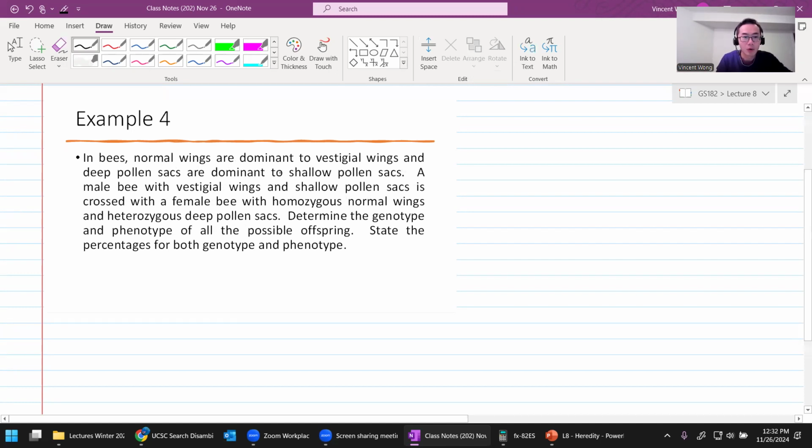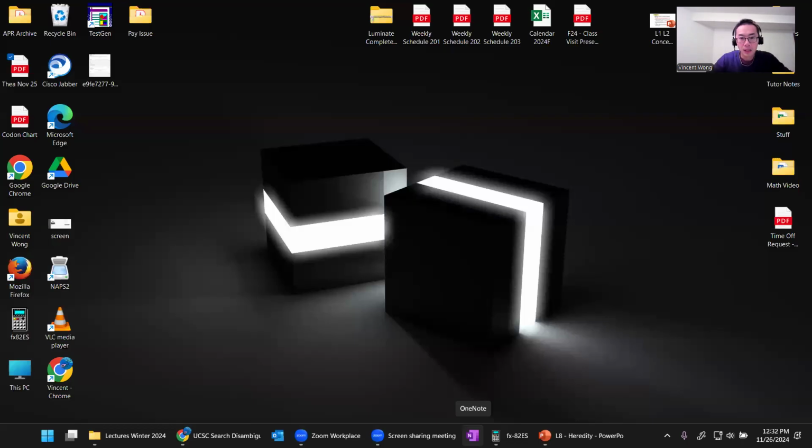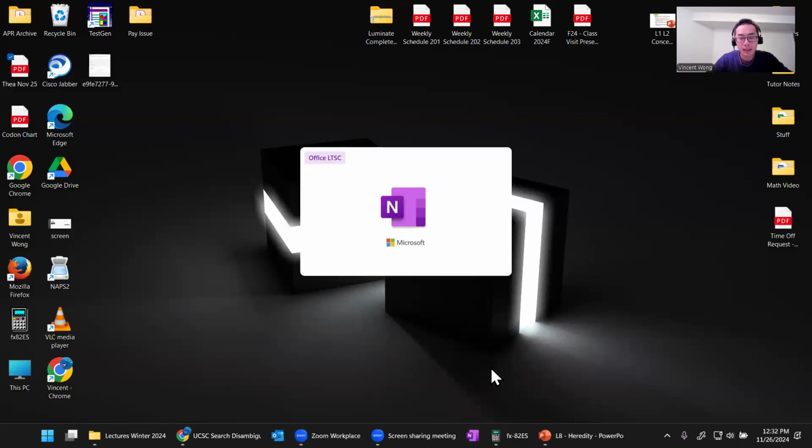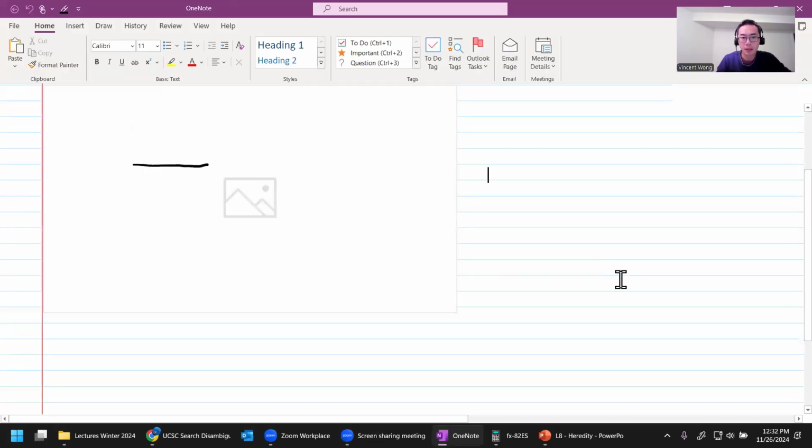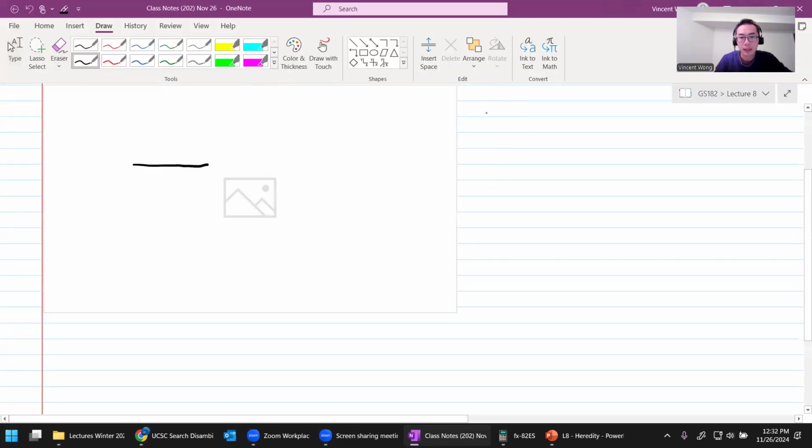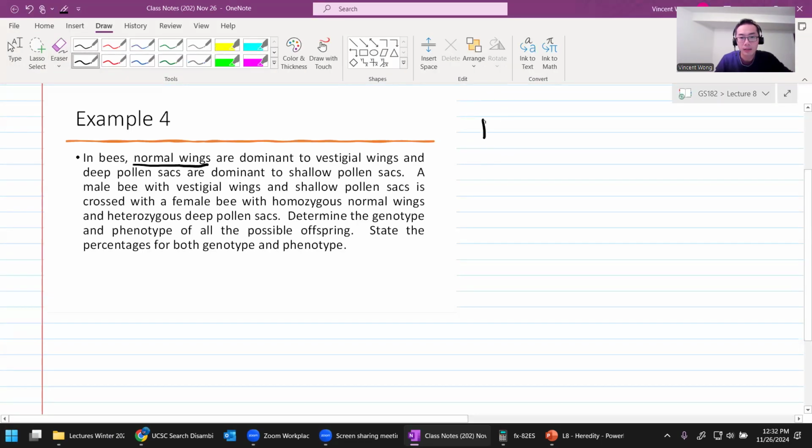So for example, it says normal wings here are dominant over vestigial wings. So that's our first trait. And we can use capital N as oh, N's not working. Give me 1 second. Let me restart. We can use capital N for normal, and small n for vestigial.